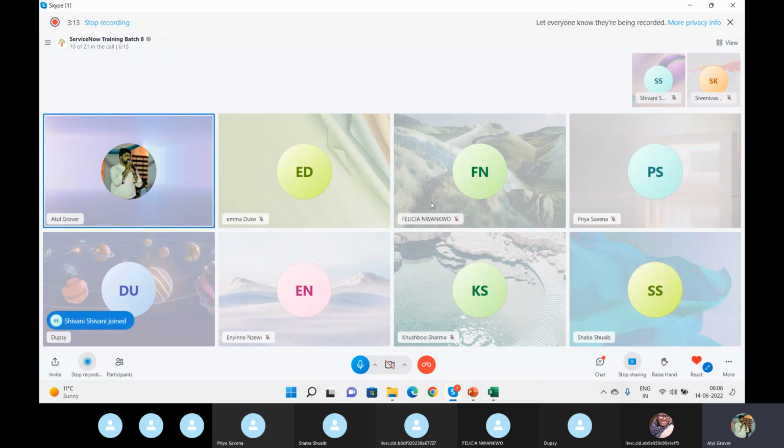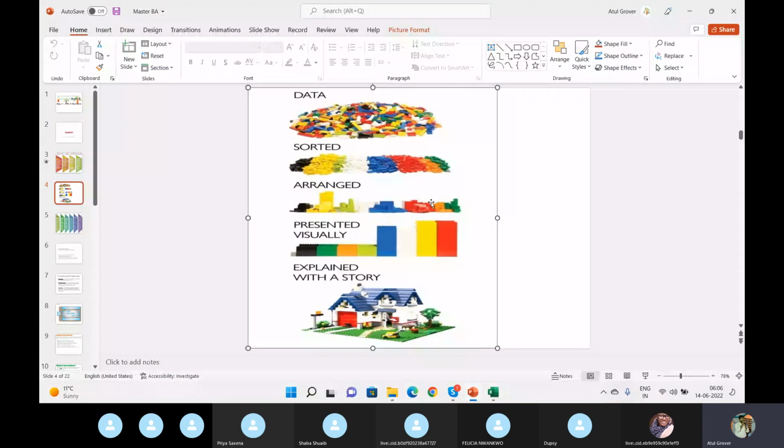If you ask me, I have a different point of view. Saba, what do you think? What is this image drawing here? What information is this image giving us? What do you understand by this image? The first one is called sorted. They have different kinds of color.